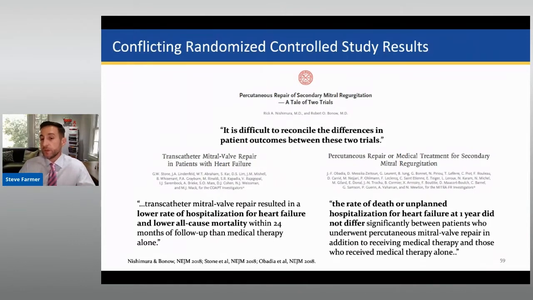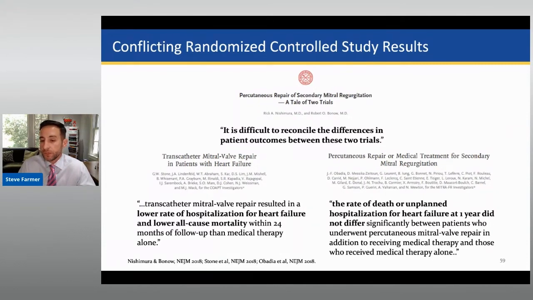The second was MITRA-FR, which found no benefit at all and even suggested a non-statistically significant trend towards harm in these patients. Although there were differences between the 2 studies, they both ostensibly enrolled the same patient population of moderate to severe mitral regurgitation with advanced heart failure. The COAPT study followed patients for 2 years, and MITRA-FR followed patients for 1 year.